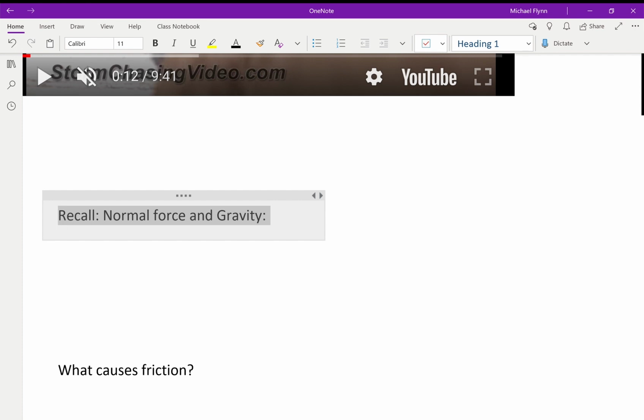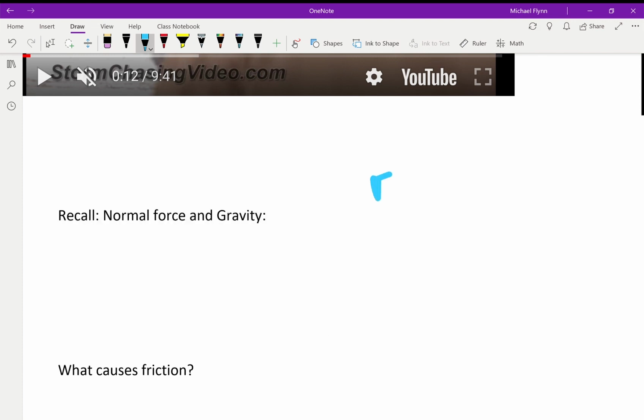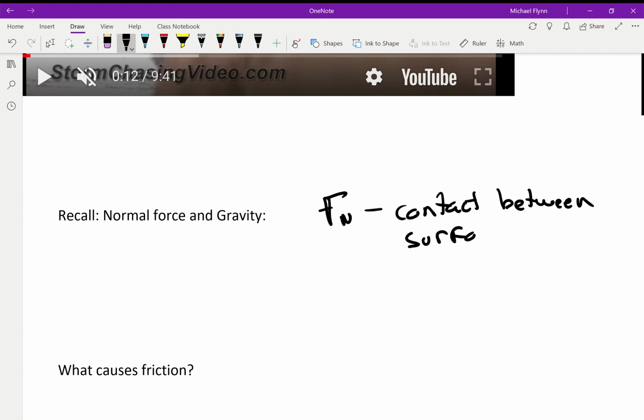Let me just write it down. These two things are really important when we talk about friction. So normal force is contact between the surface and the object.